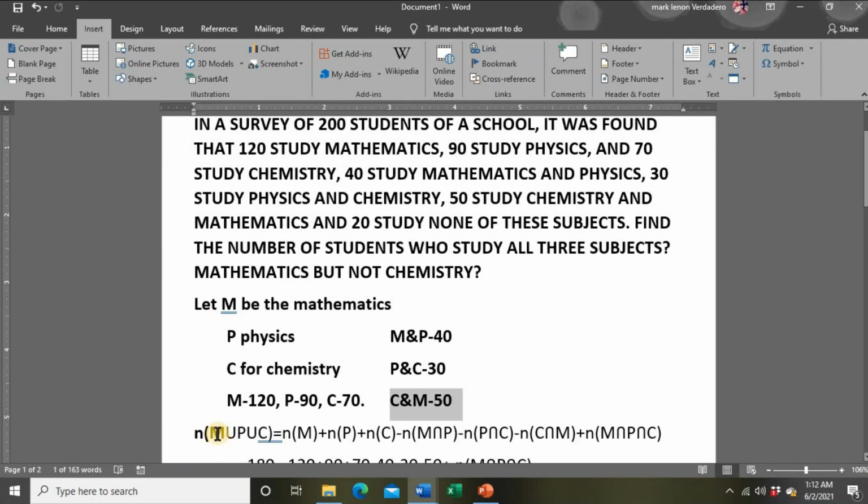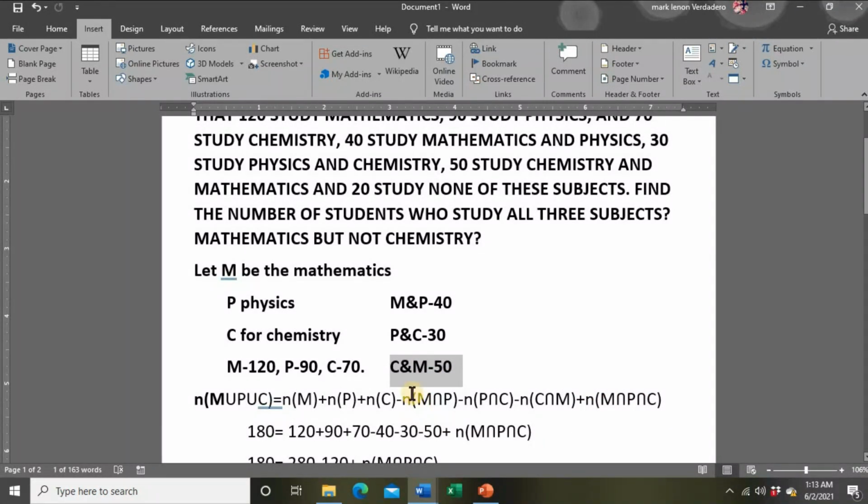So the number of M union P union C is equivalent to the number of mathematics plus the number of physics plus the number of chemistry minus the number of M and P, minus the number of P and C, minus the number of C and M, plus their intersection.